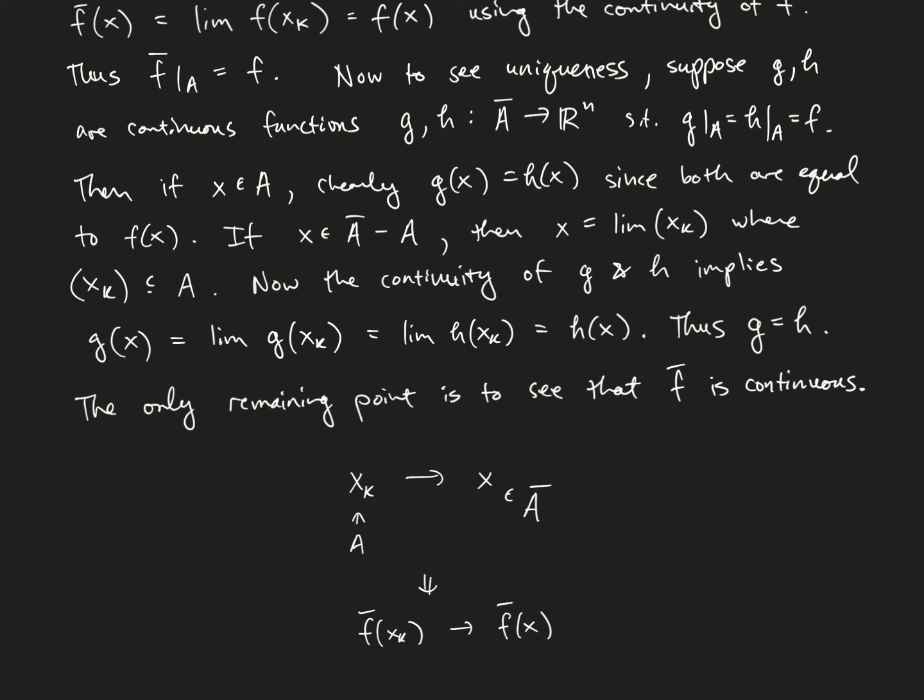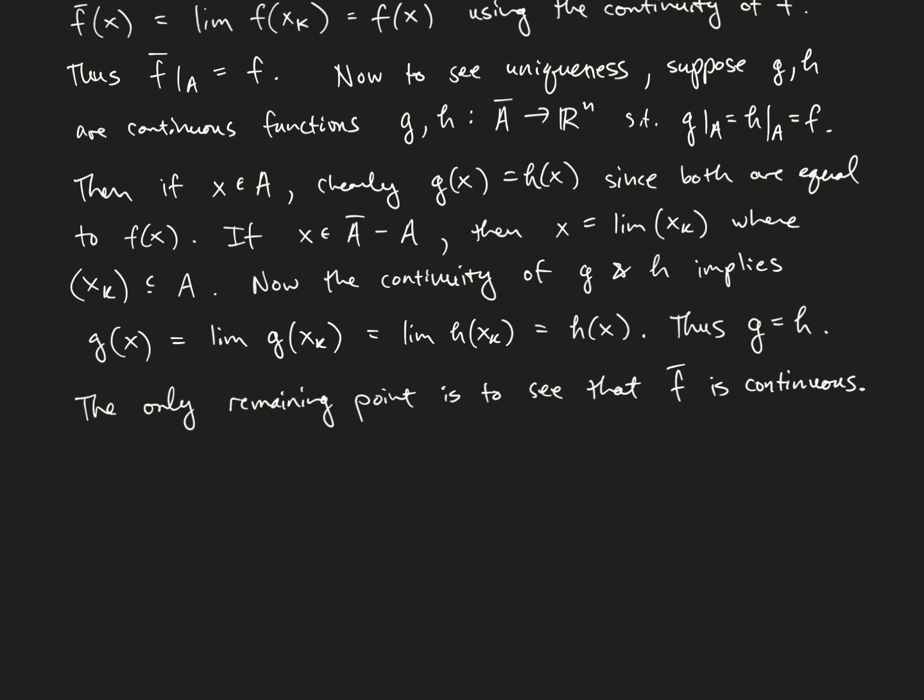Okay, so what we want to say is that for any x's in A bar that are close to this particular x, the images are close. Right now we have a slightly weaker form of that: if anything in A is close to this x, then the images are going to be close. So we want to upgrade that from A to A bar. I'm going to make first a note out of this observation.